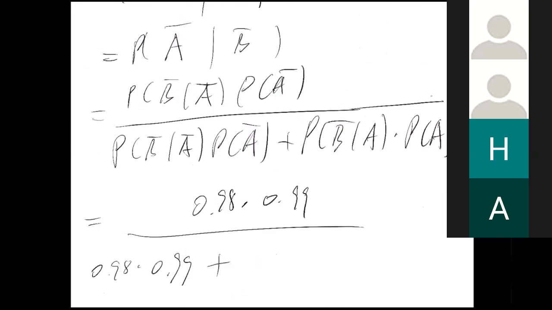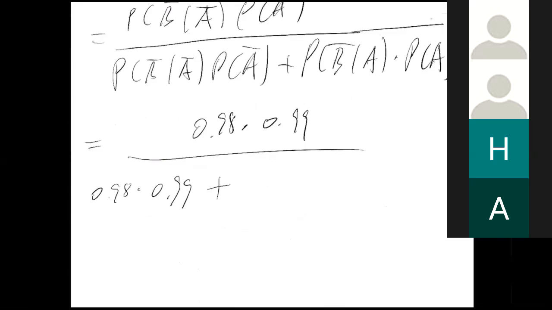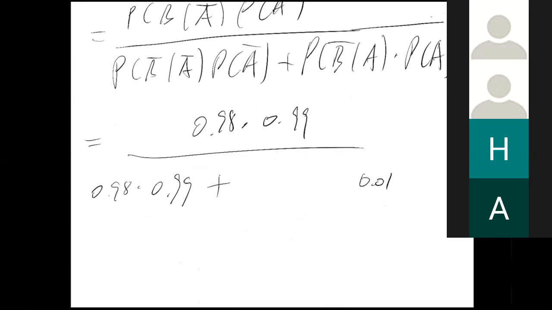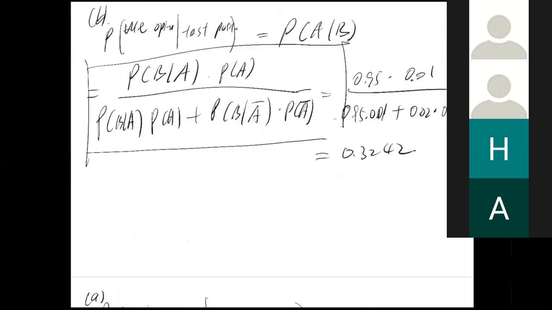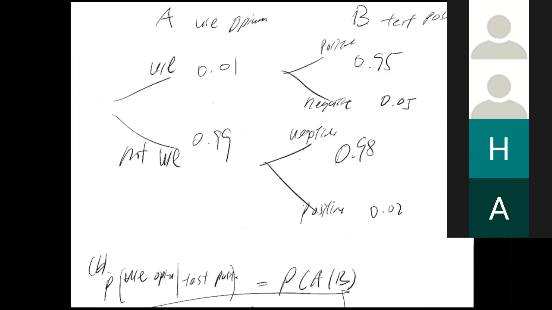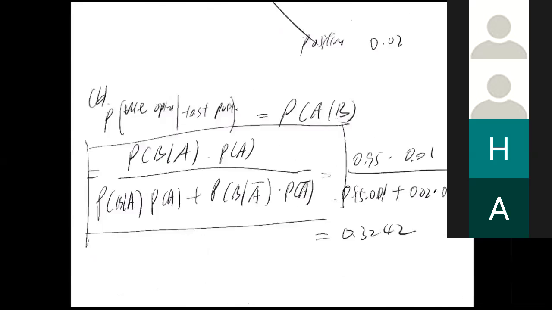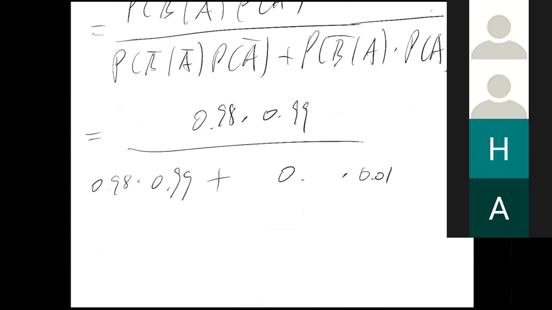And what is P of A? P of A is use opium, so this is 0.01. And what is P of B bar given A? Given A is using opium, and B bar is test negative, so it's 0.05 from our tree diagram. So that's the result, and the answer is 0.9995.